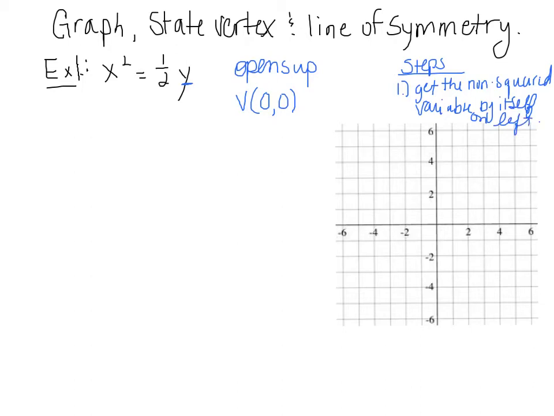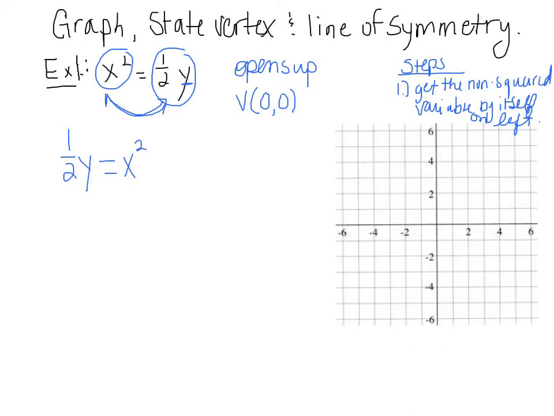So we're just going to completely rearrange this equation. We're going to take this and move it over here, and take this and move it over here. So when we rearrange it, we're going to have ½y = x². We don't have to worry about changing the signs because we're moving both of them. If you're moving both of them, then you can keep the signs exactly the same.